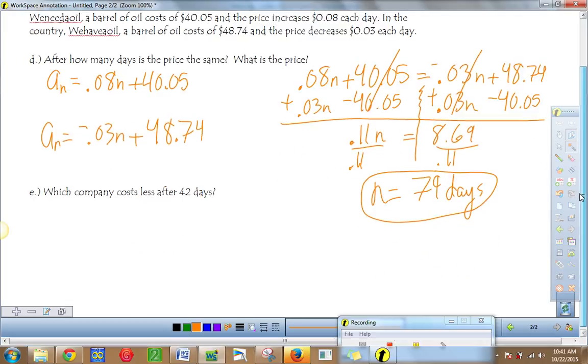What about this one? Which company will cost less after 42 days? Two ways to solve it. I don't care which way you do it. Plug it in for n. We do a sub 42. What do you get? 43.41.